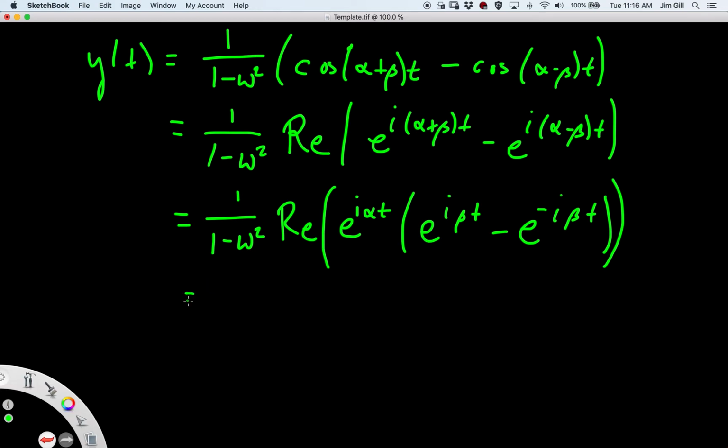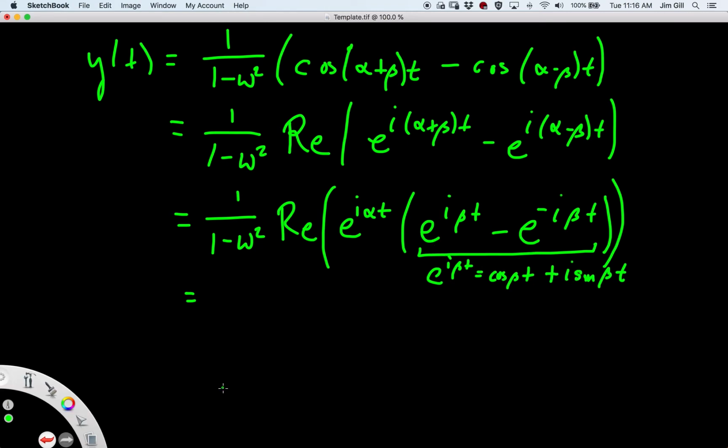Now let's take a look at this guy here. Recall, Euler's formula says e to the i beta t is cosine beta t plus i sine beta t. So when we have this negative here, that doesn't affect the cosine, but it changes the sign of the sine to the opposite.